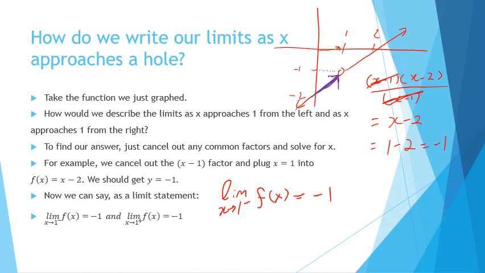The next limit is the limit as x approaches 1 from the right-hand side of f of x, which will also equal negative 1. This is saying as we approach 1 from the right-hand side, you're also going to come to a y value of negative 1 there.